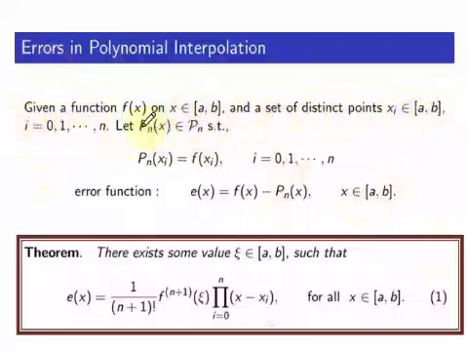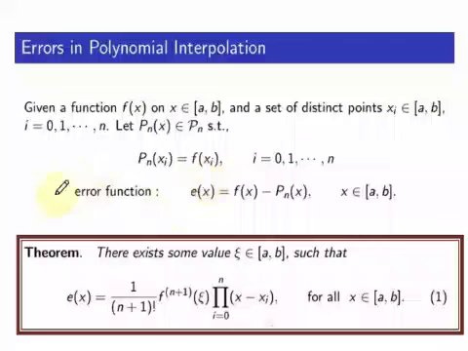Let's consider a polynomial P_n that belongs to the set of all polynomials with degree less than or equal to n, such that this polynomial interpolates at these points. So this polynomial gets the same value as the function f at these nodes, so these two are equal.